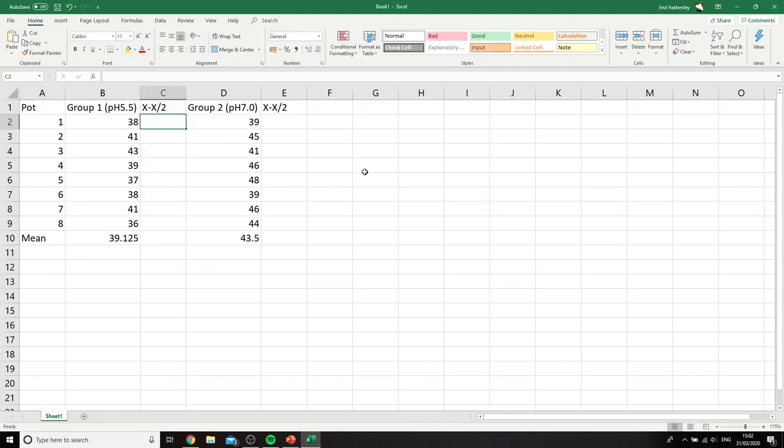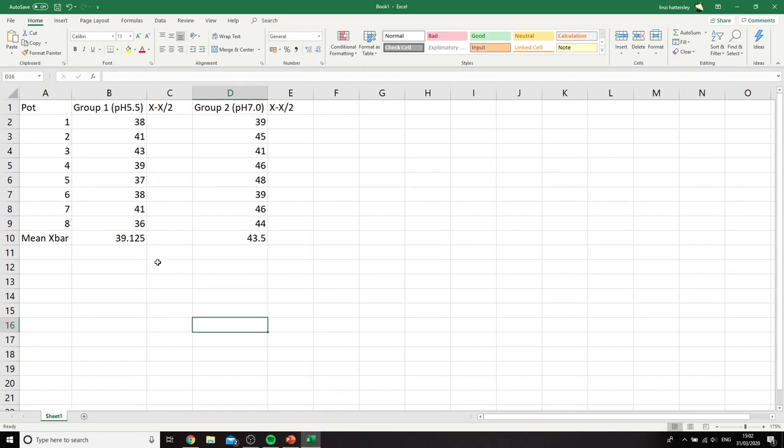Next, we're going to work out this. It's a bit, what the hell is that, right? Basically, the mean is also known as x bar. This is my abbreviation form, I guess you could say. All this means is x minus x bar, squared.